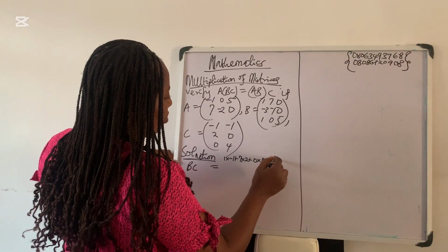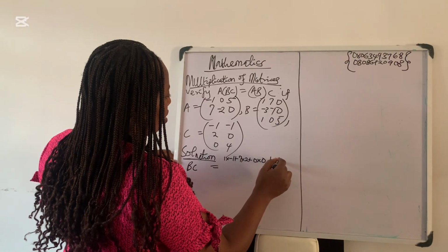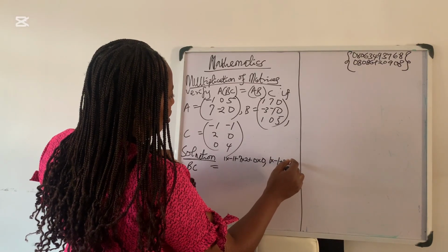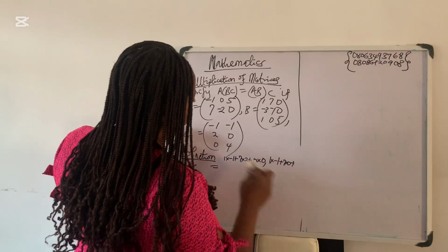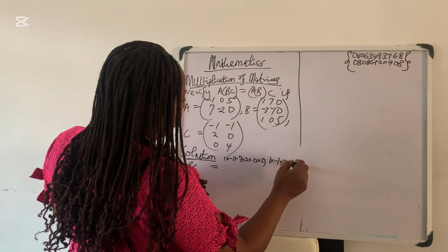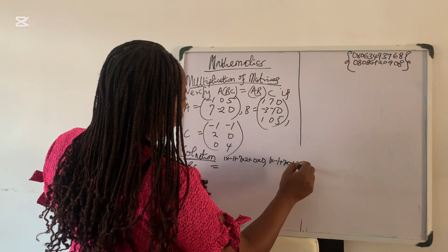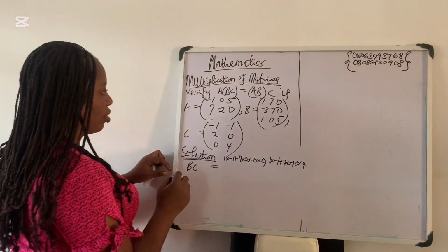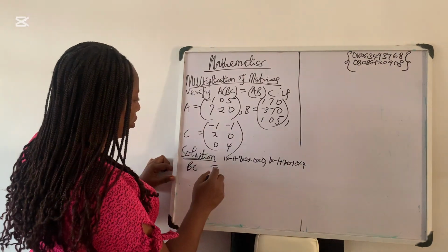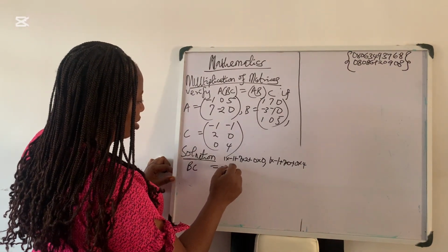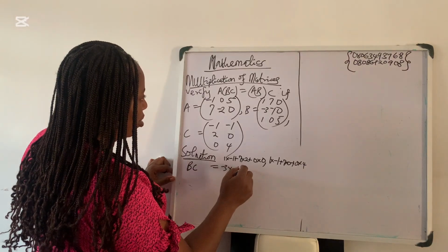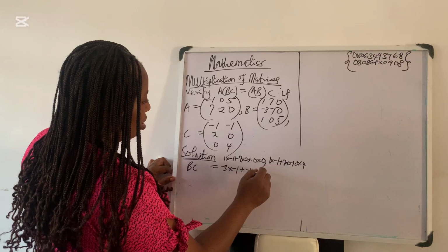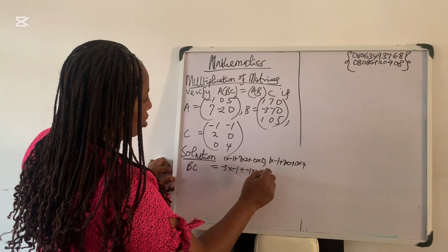1 times minus 1 plus 7 times 0 plus 0 times 4. Pick the next row, which is minus 3, minus 1 and 0: minus 3 times minus 1 plus minus 1 times 2 plus 0 times 0.